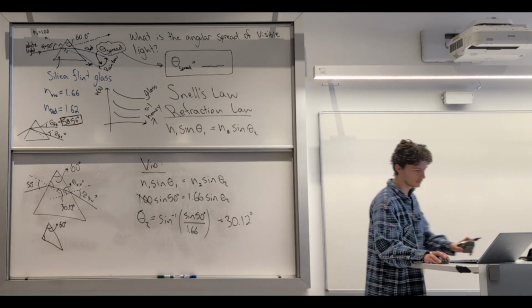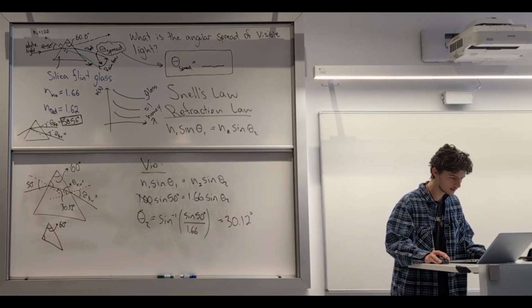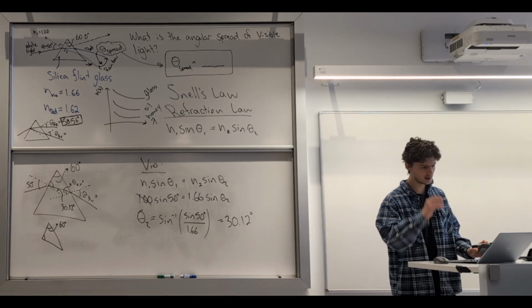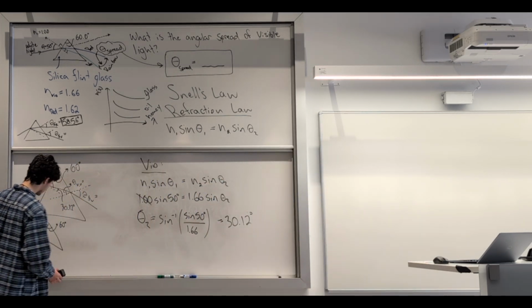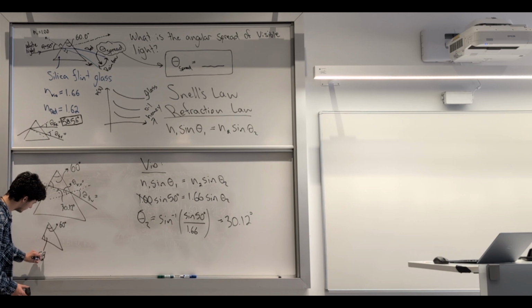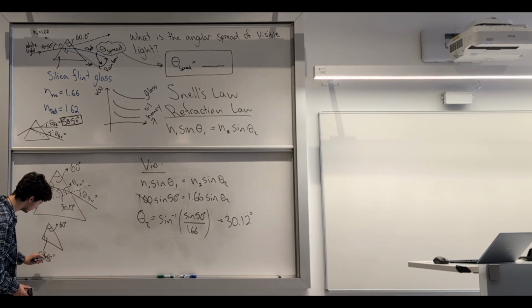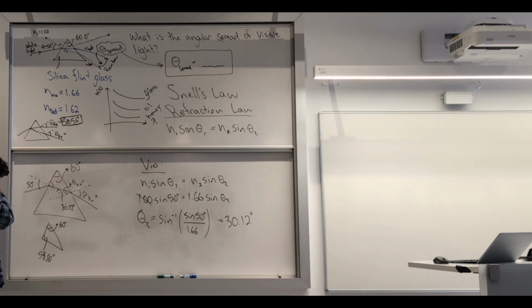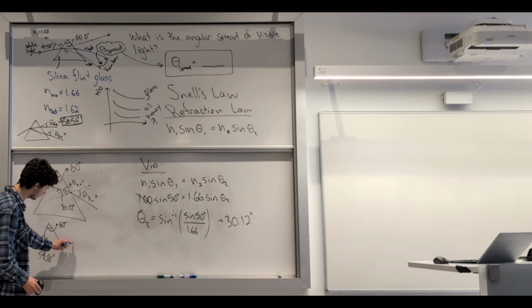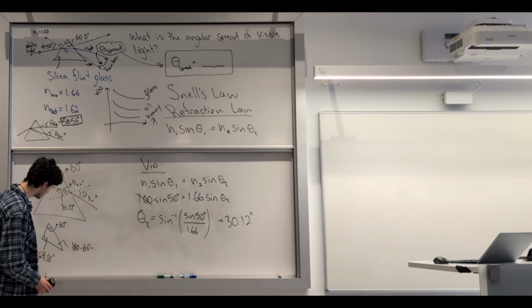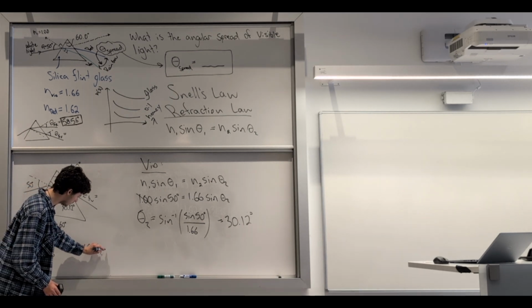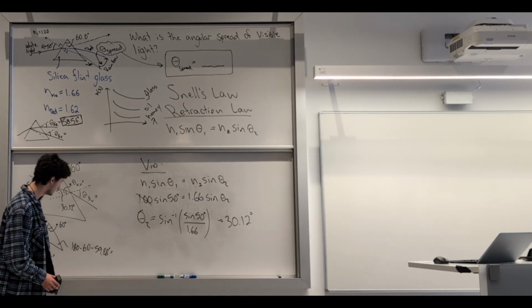Let's check that very quickly just to make sure my calculations are good. 90 minus 30.12, 59.88. Okay, 59.88. That is this angle here, 59.88 degrees. Cool. To find this angle, we have to do 180 minus 60 minus 59.88 degrees.